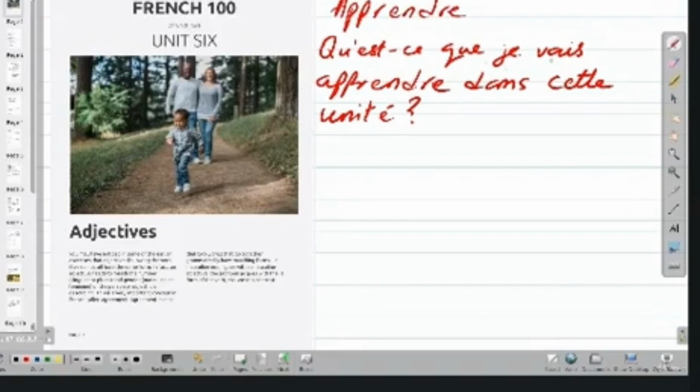The verb aller in the present tense. Then apprendre. Remember how we learned how to use two verbs together. The first one is conjugated. The second one is not. Qu'est-ce que je vais apprendre dans, in, cette, this, unité, unit? What am I going to learn in this unit?